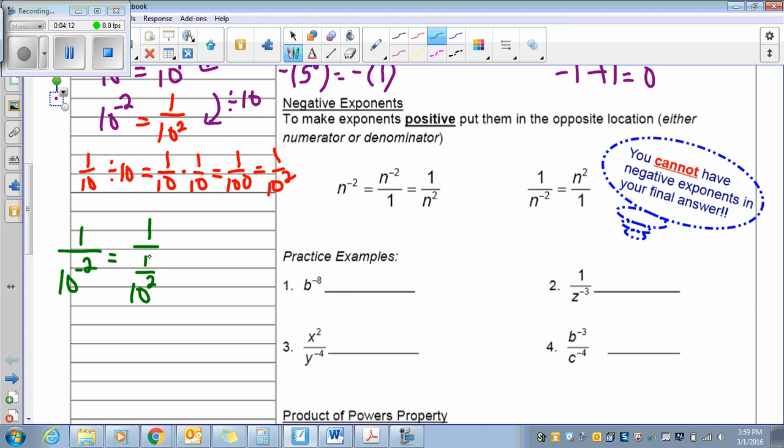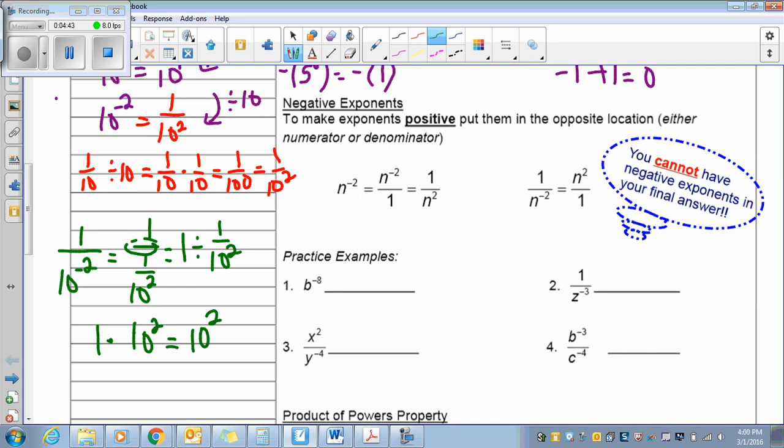We don't want a fraction in the denominator, so this is the same thing as 1 divided by 1 over 10 squared. Because we do not want to divide by a fraction, we can change this to multiplication of the reciprocal. So this is really saying 1 times 10 squared, since the reciprocal of 1 over 10 squared is just 10 squared. So 1 times 10 squared is 10 squared.